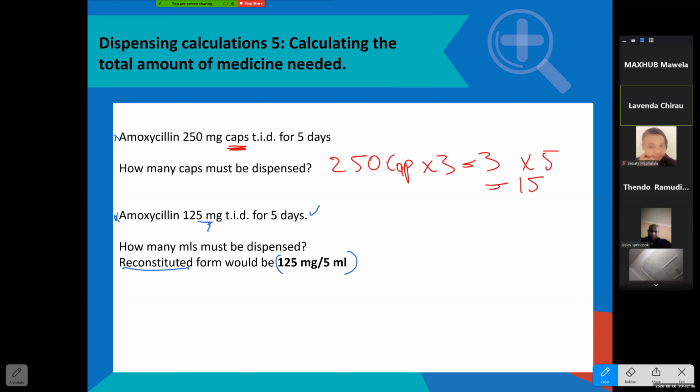So here, amoxicillin, 125 milligrams, 3 times a day for 5 days, right? So we can always say, well, let's start by converting. Actually, it's sort of given there, you know, like you must just multiply this 5 maybe by 15 or something. But let's do it practical. I want to see if I am able to teach it nicely, right?